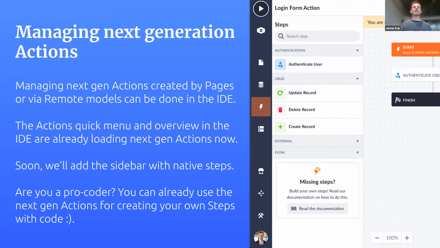And by creating your own action step, it will appear on the left in the sidebar. And you can use it to drag and drop it on your canvas and use it, for example, in the context of a page builder form or a page builder button. Sorry for the missing demo, but I hope the screenshots are good enough.